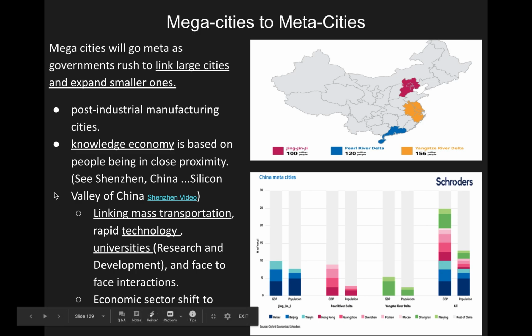Megacities can grow into metacities. Metacities are classified in your book as having more than 20 million people. When they have more than 20 million people, they can form metacities, which link knowledge economy and transportation technology and university development in advanced economic sectors from tertiary and quaternary if they are in the semi-periphery.